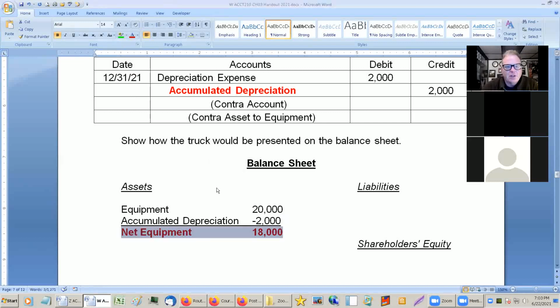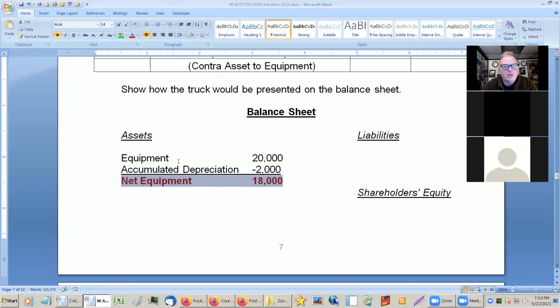Okay, so there'll be other assets in here too. So this accumulated depreciation goes against the equipment.